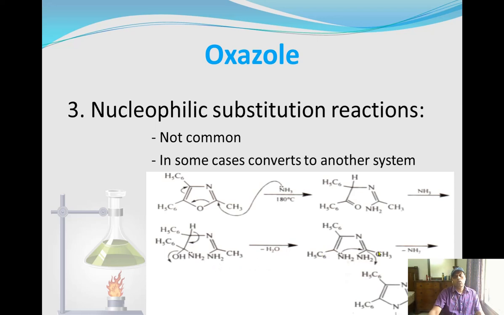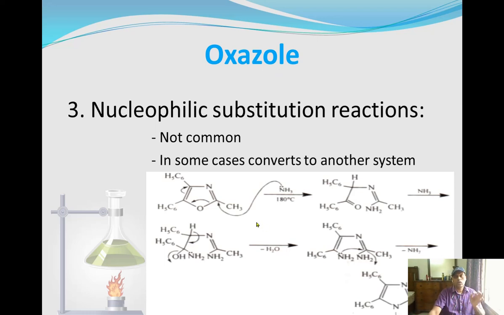And after that, one molecule of ammonia is going to get removed. With this removal of ammonia, you are going to get this product, right? Here you are going to get imidazole substitution product instead of oxazole substitution product.